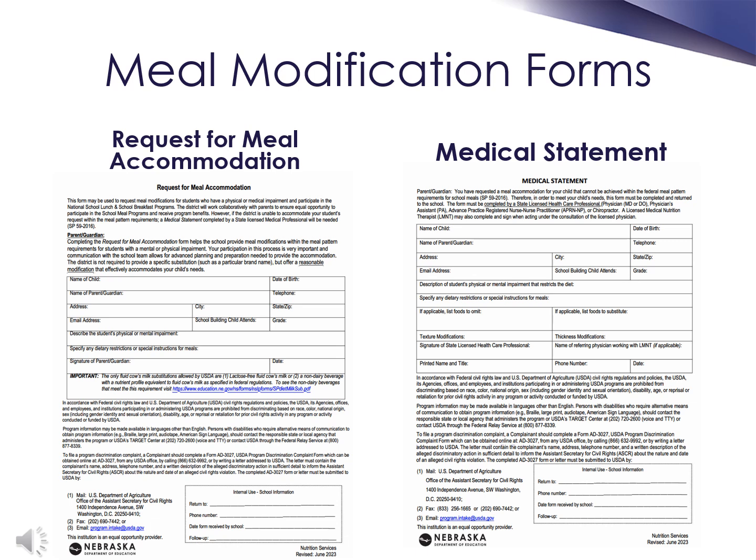The request for meal accommodation and the medical statement forms are meant to be a documented form of communication between the student, the parents or guardians, and the SFA. The request for meal accommodation form can be seen on the left, and the medical statement form can be seen on the right. We will discuss each of the forms in detail.